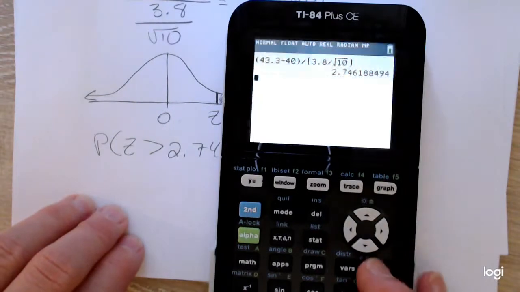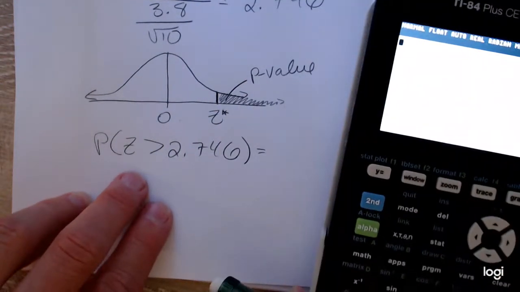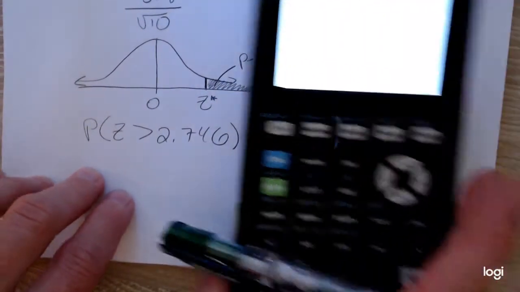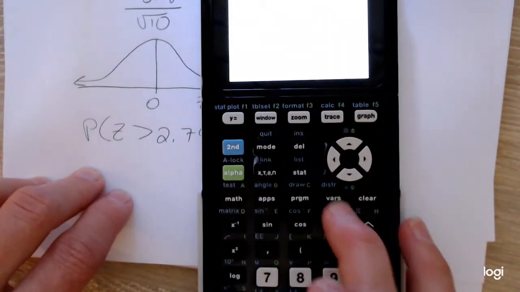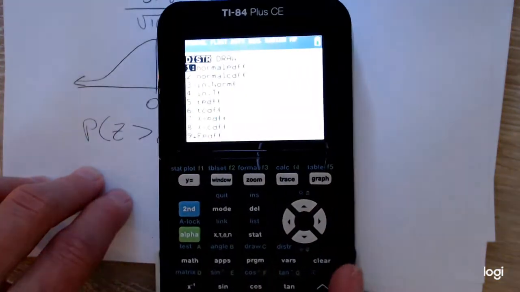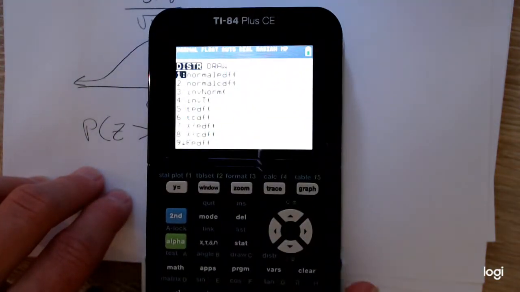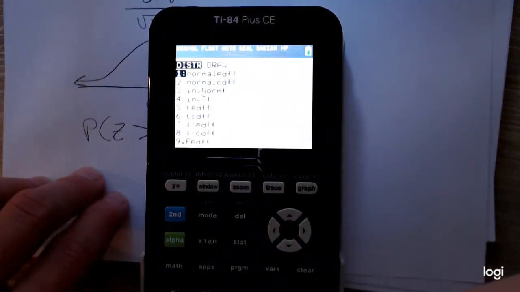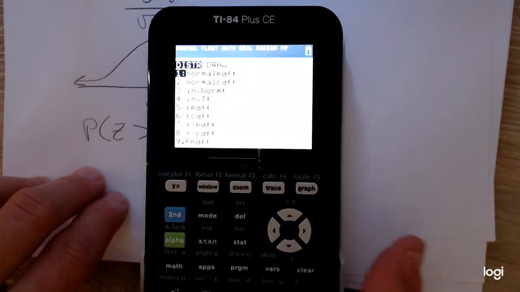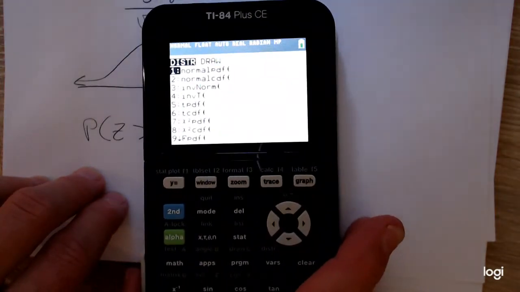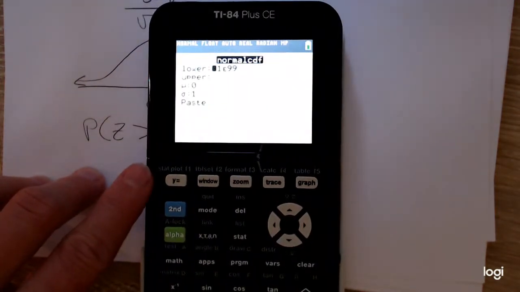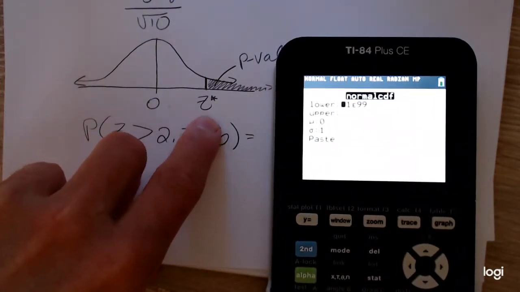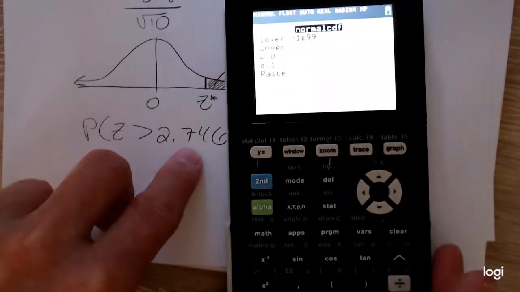When you are given a z-score first, and you're using the TI-84, you want to use the normal CDF. So going to my distribution menu, selecting option 2, the normal CDF, my lower bound, looking at the area that I'm concerned with, is 2.746.